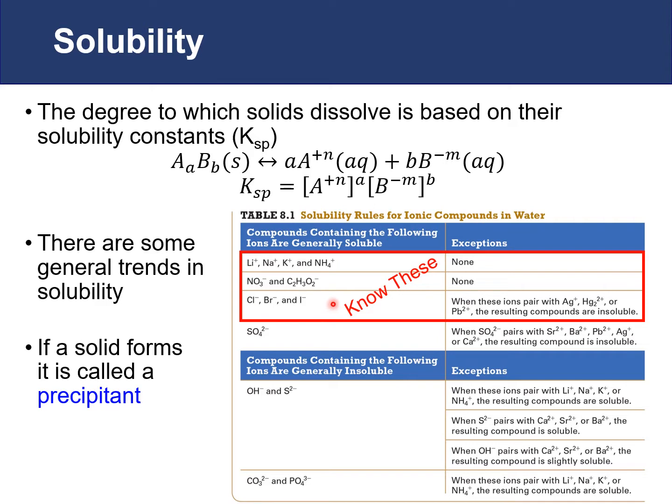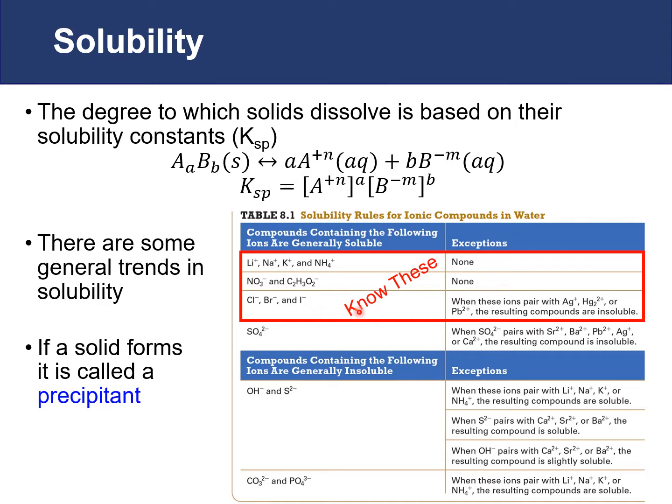However, there are a couple of exceptions to this general rule, including silver ions, mercury 2,2+, and the lead 2+ ion. If any of these three metal ions are put in a solution that contains chloride, bromide, or iodide, they will form an insoluble salt.